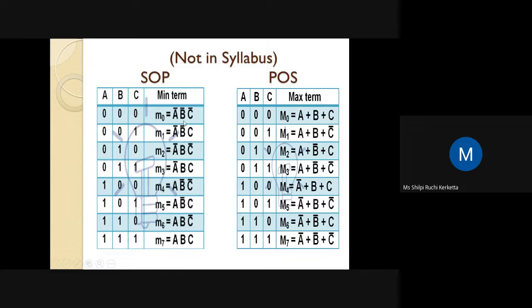So we will product all the inputs, and wherever our output 1 is coming, we will add all those terms. And here is the product of sum. So it is just the opposite of this sum of products. So here, instead of A bar, B bar, C bar, we are only writing A plus B plus C, and we will sum all the inputs. So as it is opposite, that's why we are not using this product of sum. Okay, we are using only sum of products.